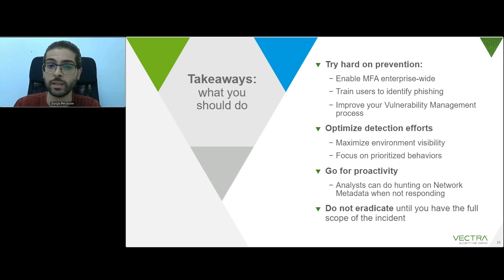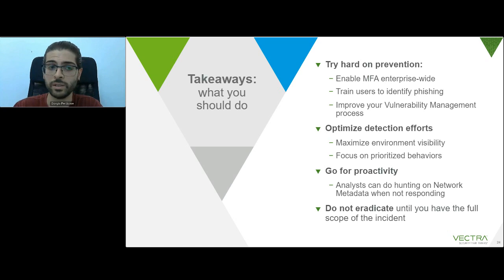And if you're not doing that, definitely go for creating a vulnerability management process. If you're doing it already, improve it, and always look for those vulnerabilities that are being actively exploited in the wild at that specific moment, to patch those first. And again, a little summary about identification. You should improve your capabilities before you actually have an incident.